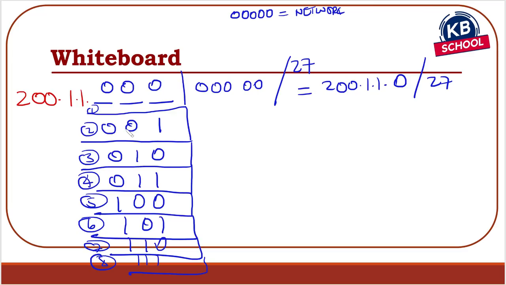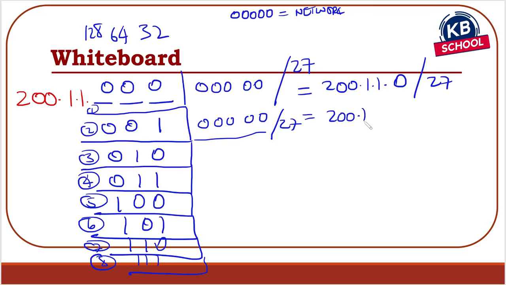The second network is 0, 0, 1 because on the network address, the host portion remains all zeros. This is 0, 0, 1, 0, 0, 0, 0, 0. If I want to convert this binary into decimal, this number becomes 32. So the second subnet is going to be 32, because I have 001 as my subnetwork address. A third one, 010, with 00000 for my host portion.